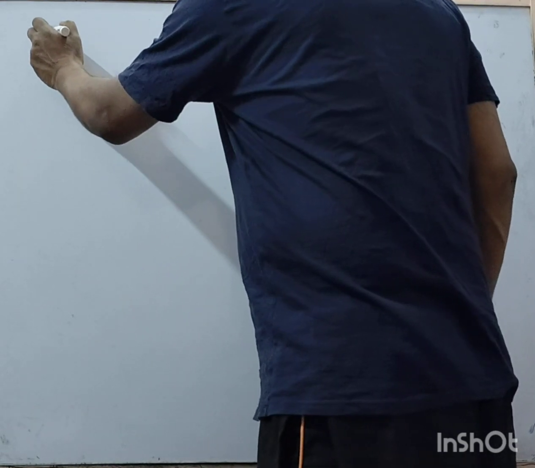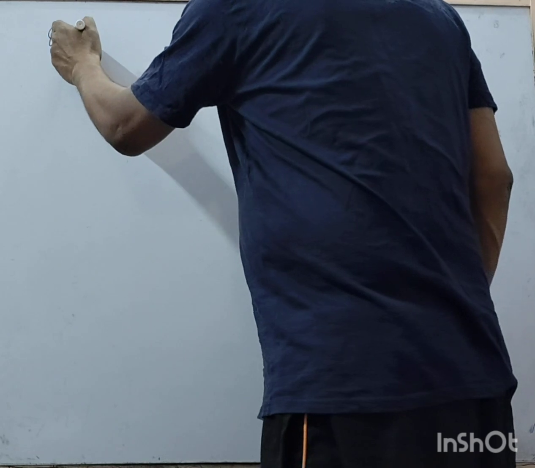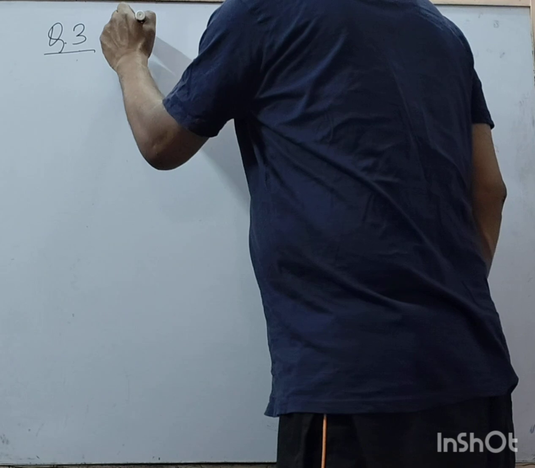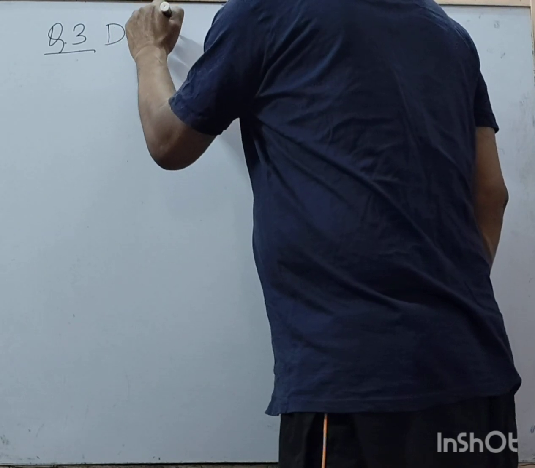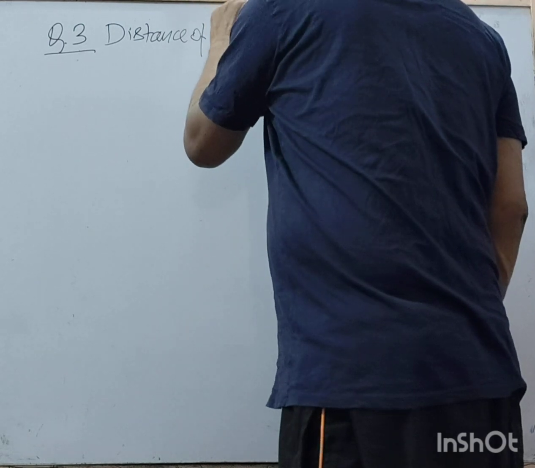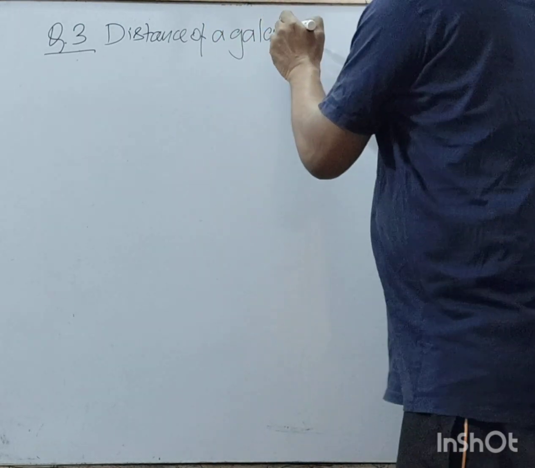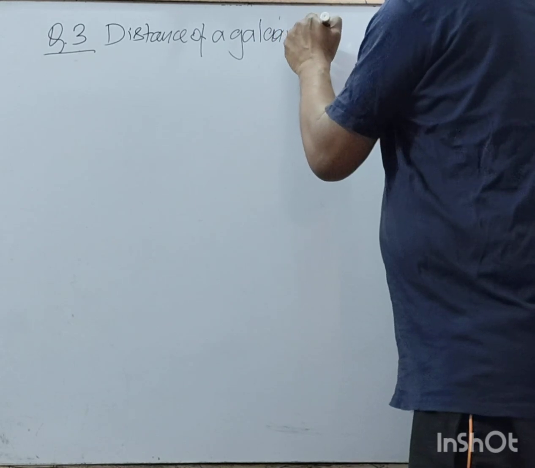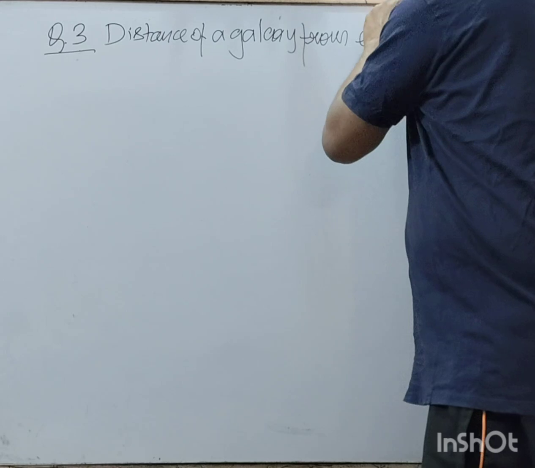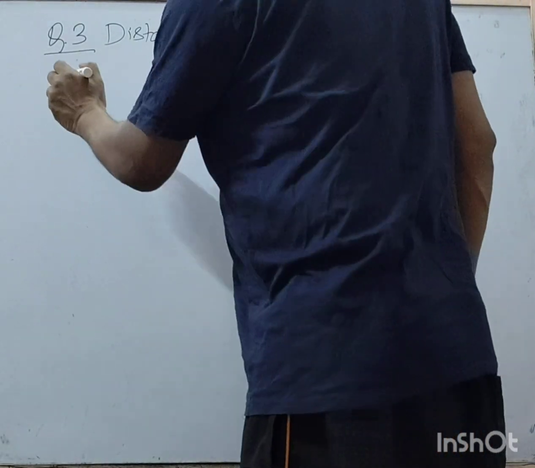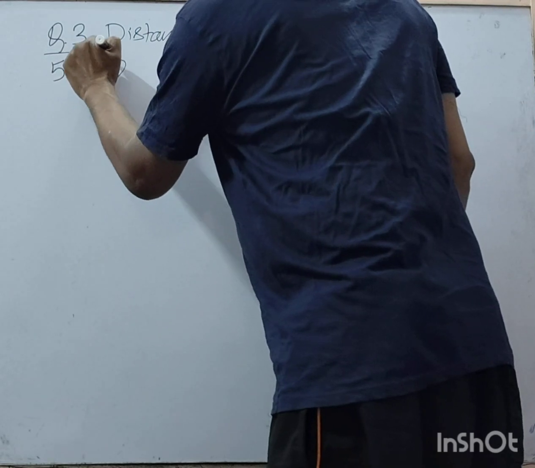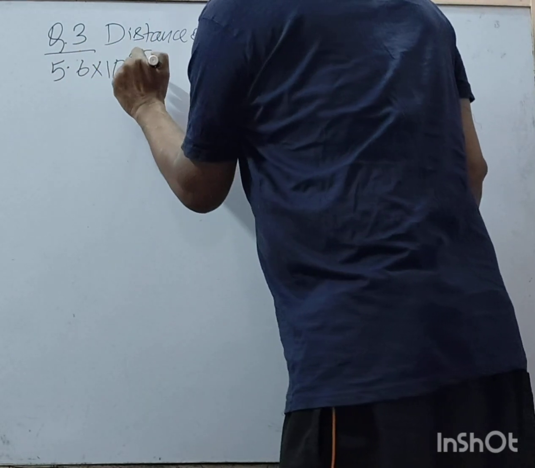Question number 3. What is your question? The distance of a galaxy from Earth is 5.6 into 10 to the power 25 meter.